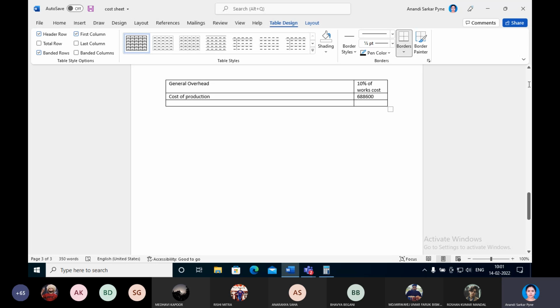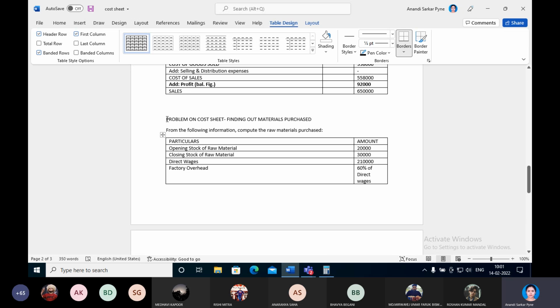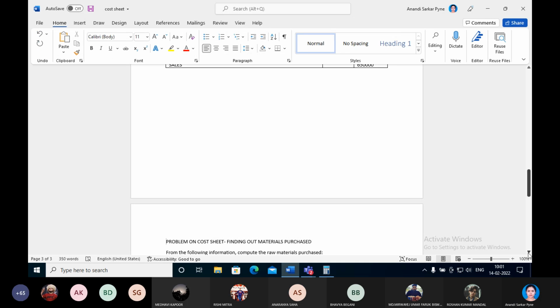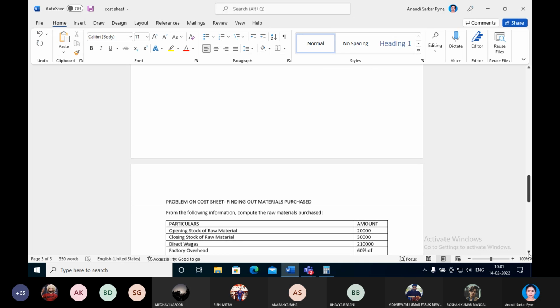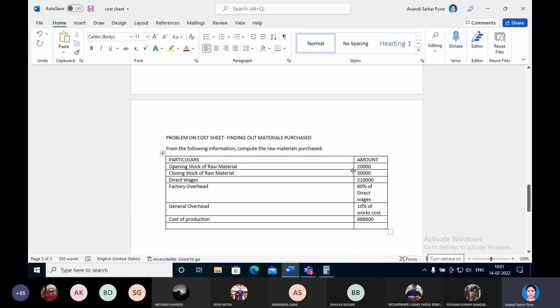So as you can see in the question, I will take the question in one page only. Opening stock of raw material is given, closing stock of raw material is given, but raw material purchased is not given.